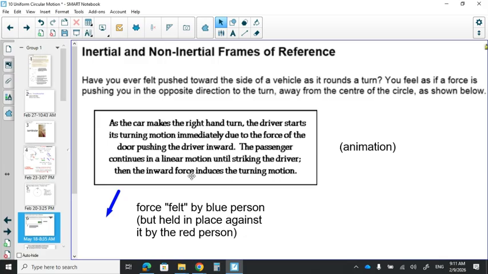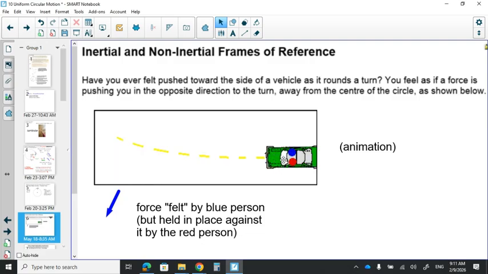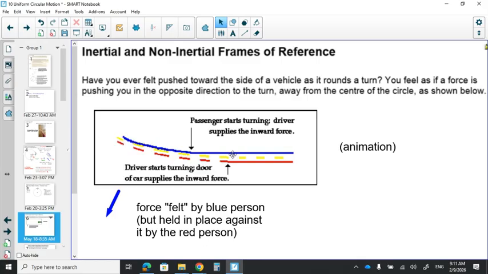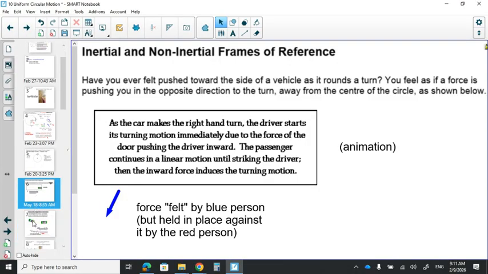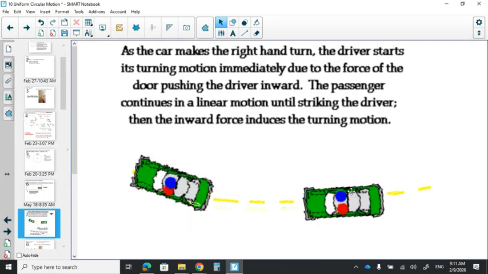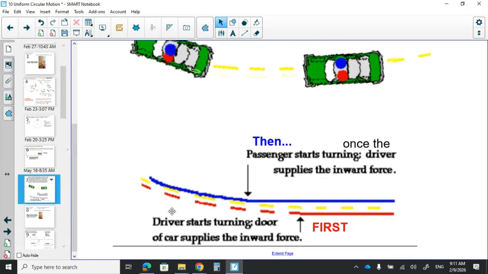They've got two little balls in the diagram, a blue one and a red one. Watch here, the blue one continues going on a straight path until the red one starts to push on it. I've got it freeze framed here, where you can picture the blue one continuing in a straight line until it gets hit by the red one to make it turn.